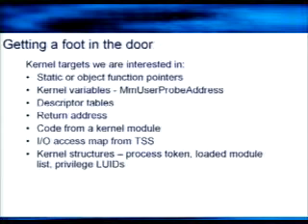Also, any kernel structures. I have a demo later on which will find the process token for the parent process and modify that in memory, changing the process pointer to the process token. That's elevating the parent process from unprivileged user, in this case, to operating system. Another target is the loaded module list, if you're writing a rootkit.